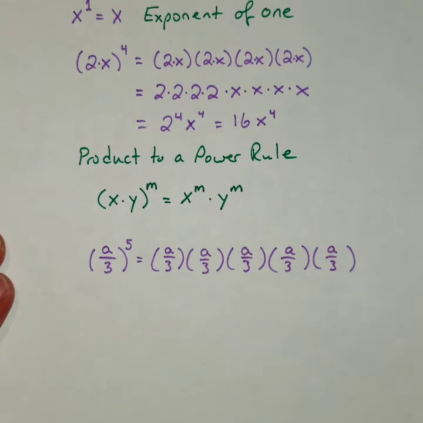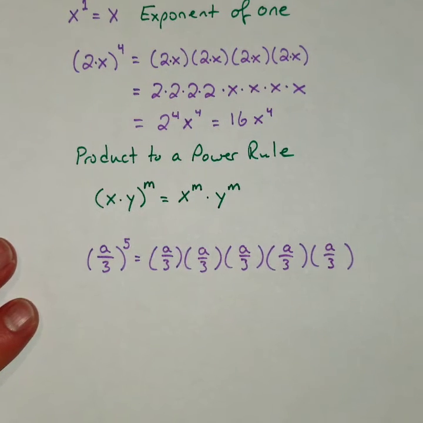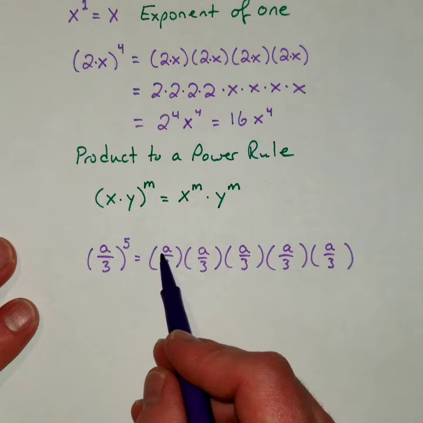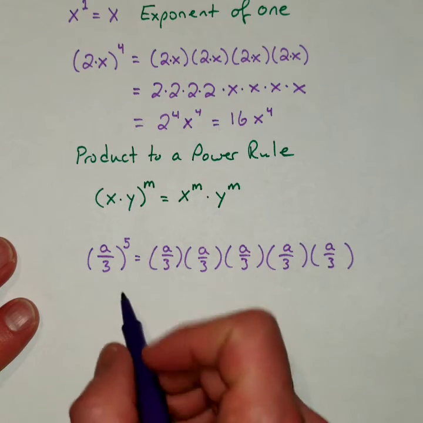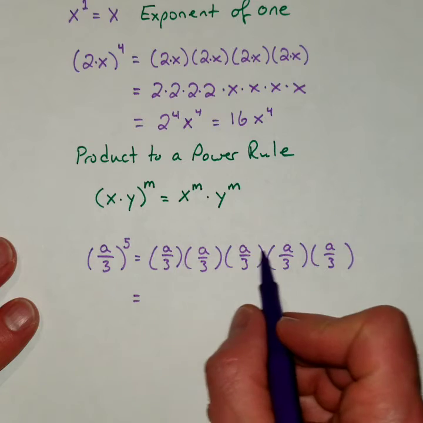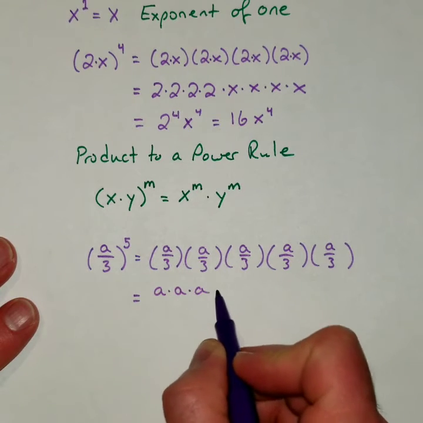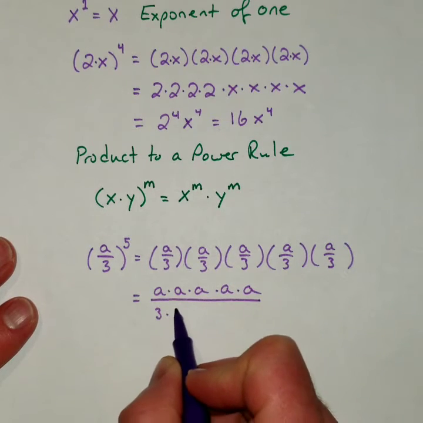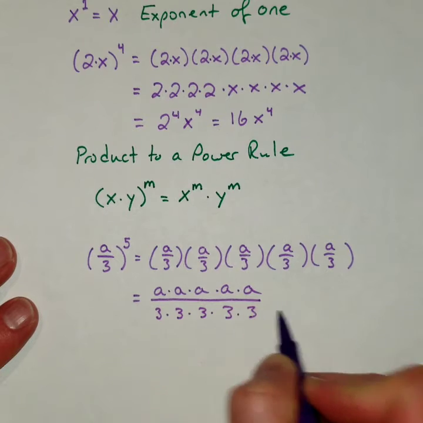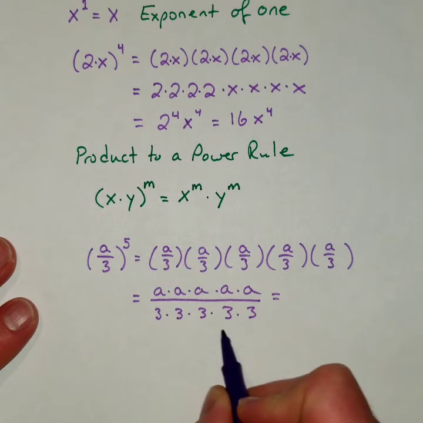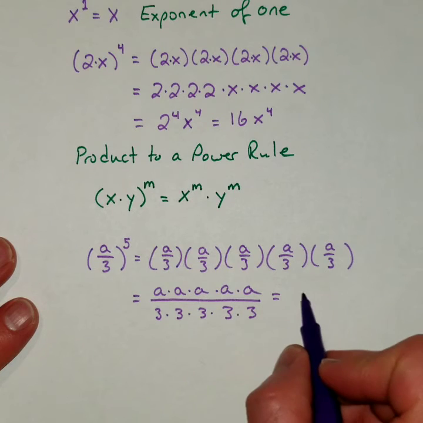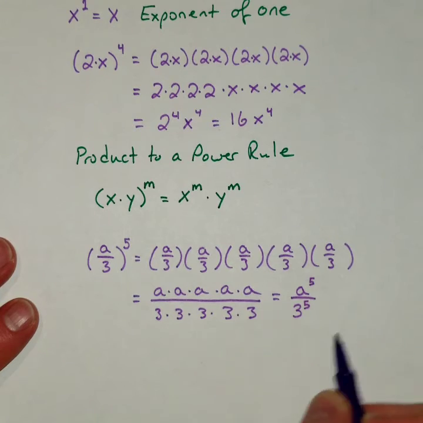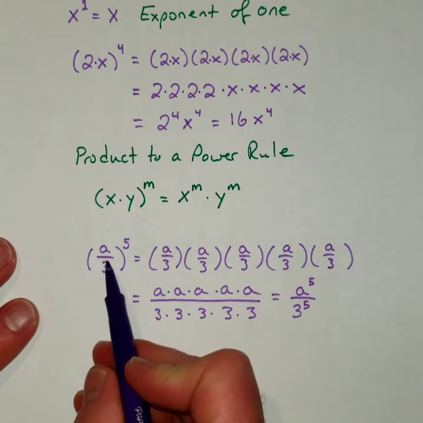All right? And so just like before when we reorganized things, here I'm going to group things together and combine all of these fractions into one. My numerator has 5 a's, a times a times a times a times a, and my denominator has 5 3's. 1, 2, 3, 4, 5. And so on top, if I rewrite that in exponent form, it's a to the 5th. On the bottom, it's 3 to the 5th. You can see now that the 5 distributes between the a and the 3.